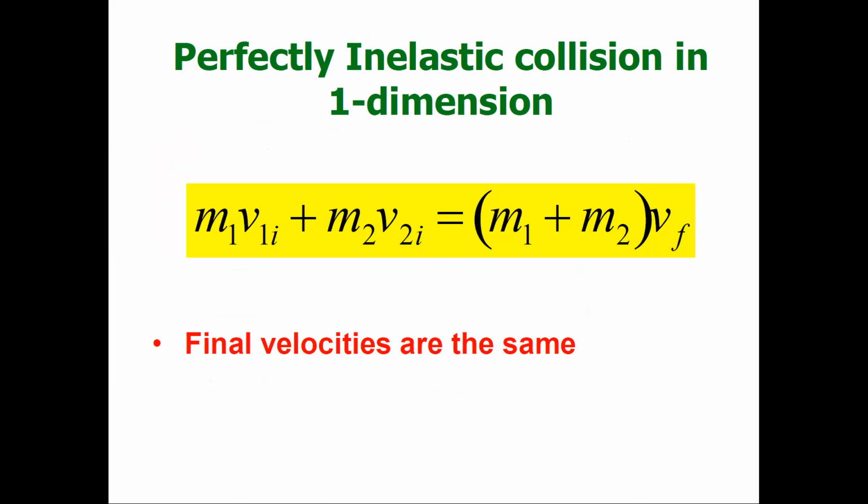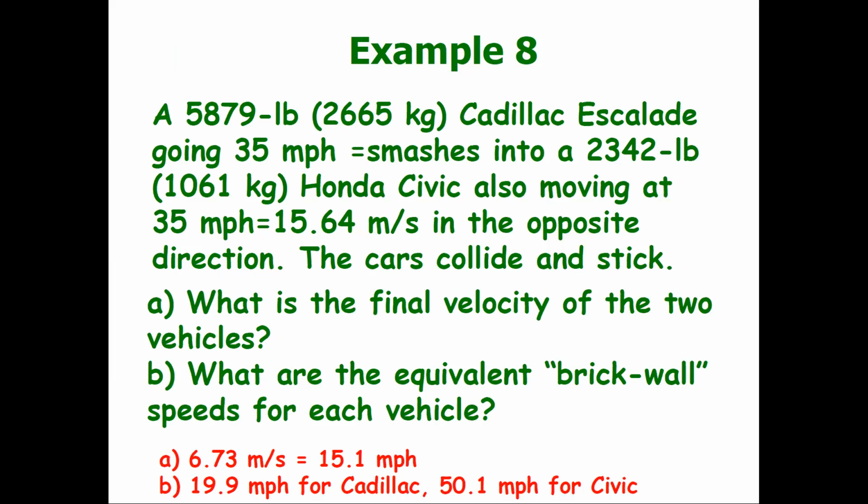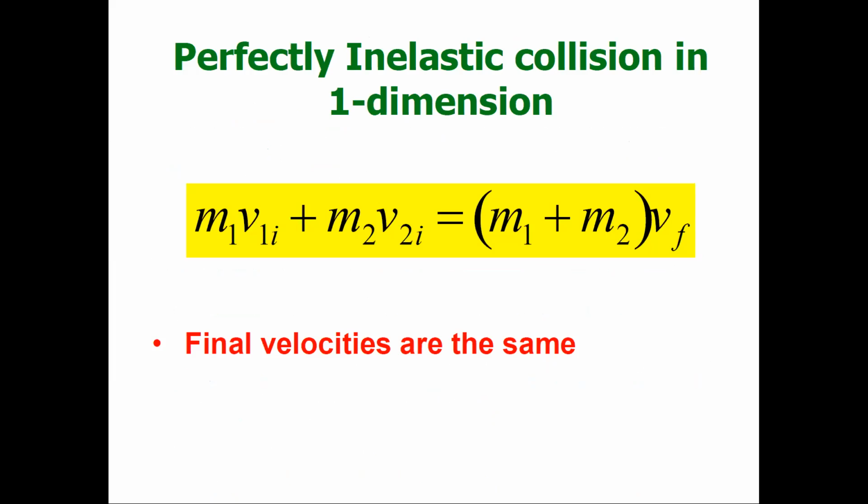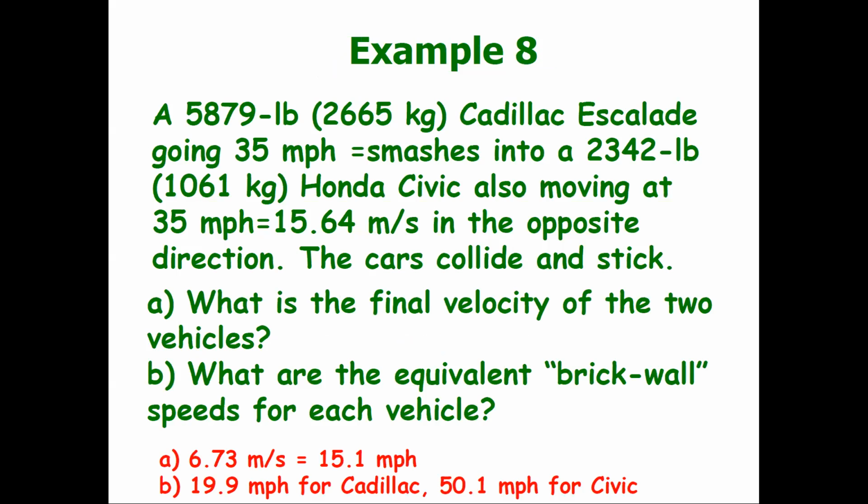Put the mass of the first vehicle, its velocity, the mass of the second, its velocity, and their combined mass, then make vf the subject of the formula, and straight away you get your part A.